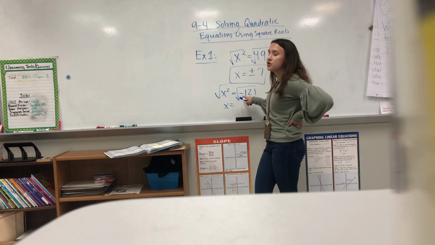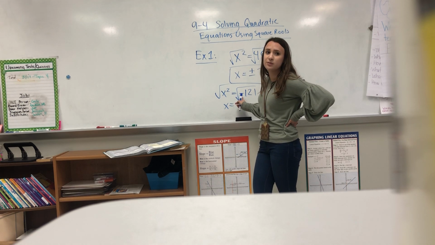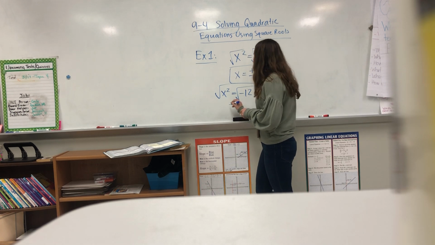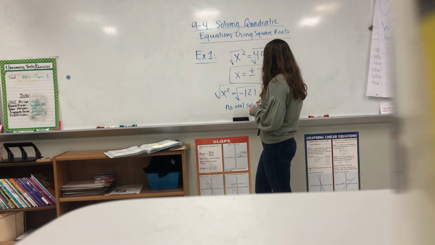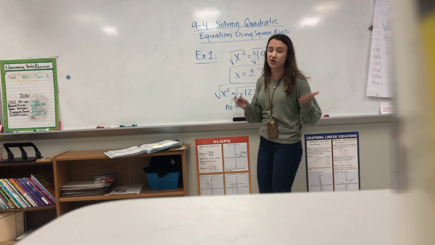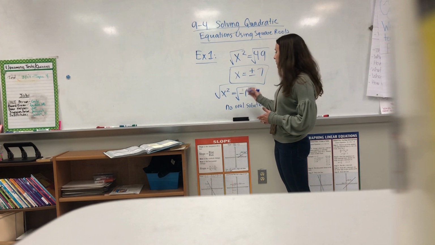Remember we learned in class, you cannot take the square root of a negative number. If you take the square root of a negative number, it's going to be an imaginary number. So what you're going to write is no real solutions. You're basically going to have imaginary solutions, which you don't learn about until Algebra 2. So for right now, all you need to know is no real solutions because you took the square root of a negative.